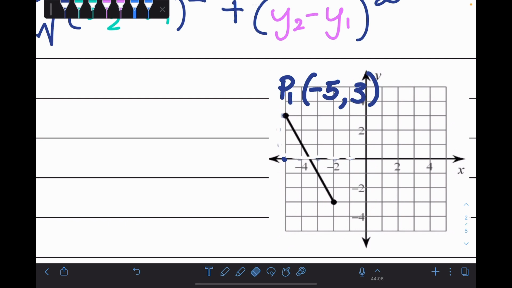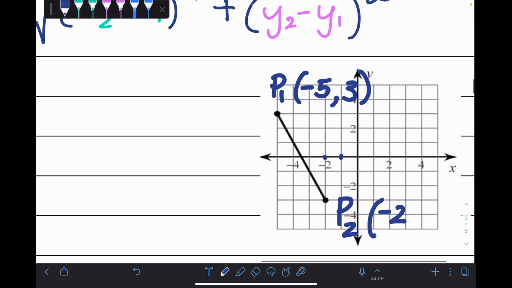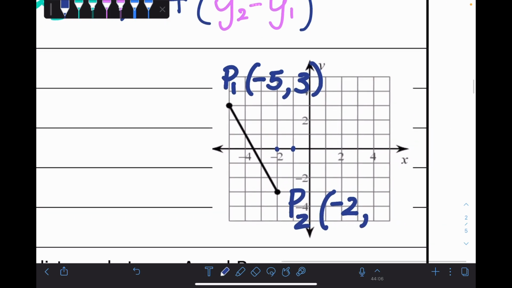This point, my first point. Now my second point is 1, 2, also in the negative, -2. This one's going down. 1, 2, 3. -3. There we go.